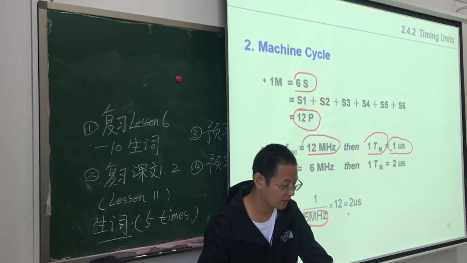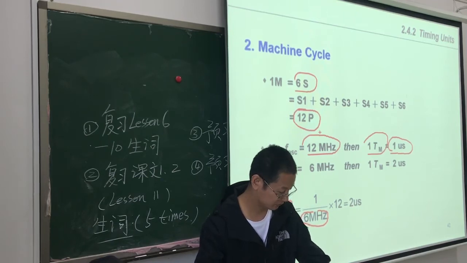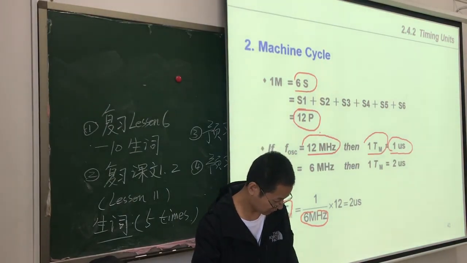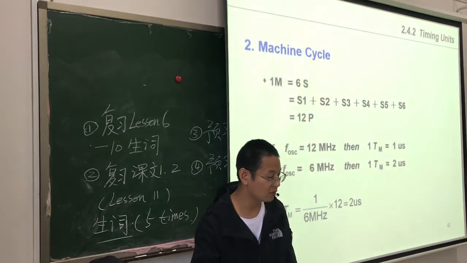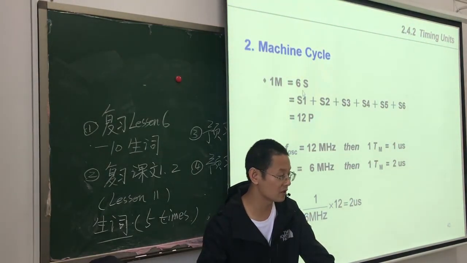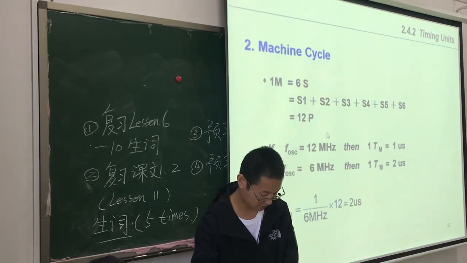We can get the machine cycle. We need to remember the relation of 6 times or 12 times. Well, 12 times.